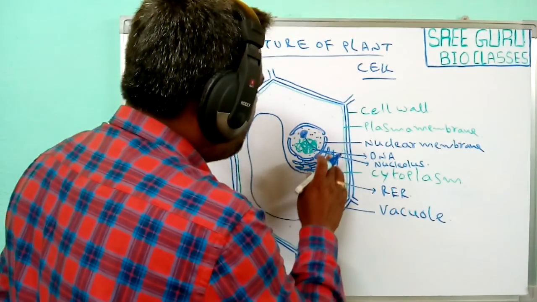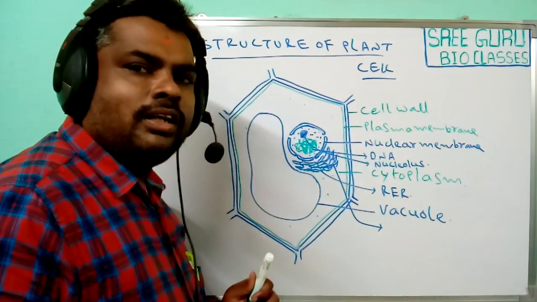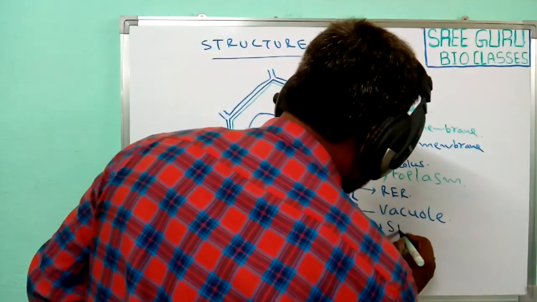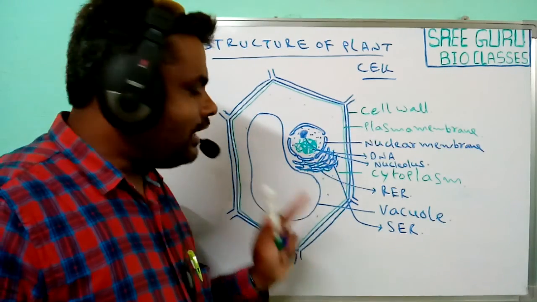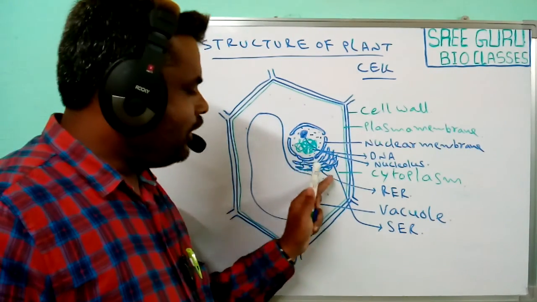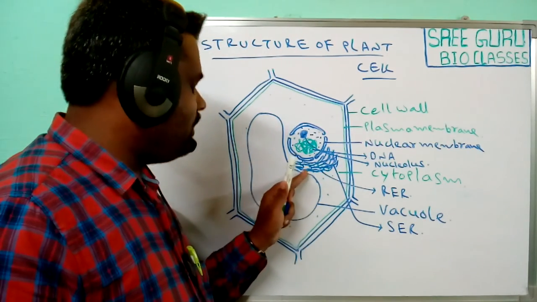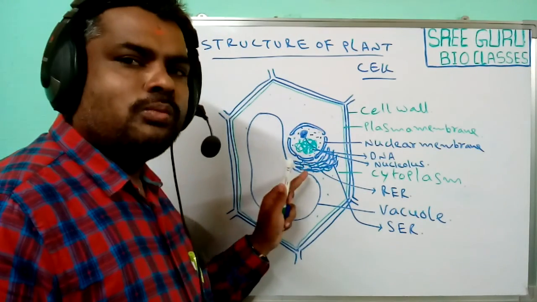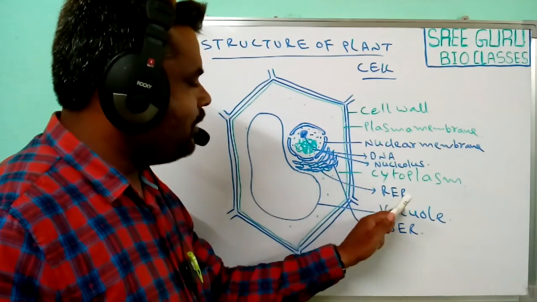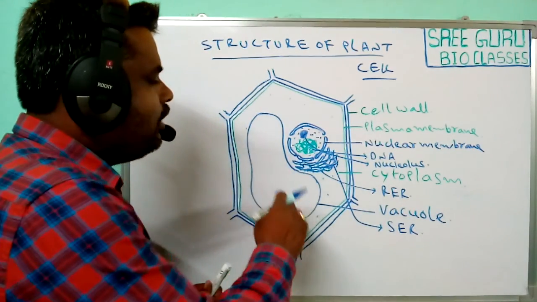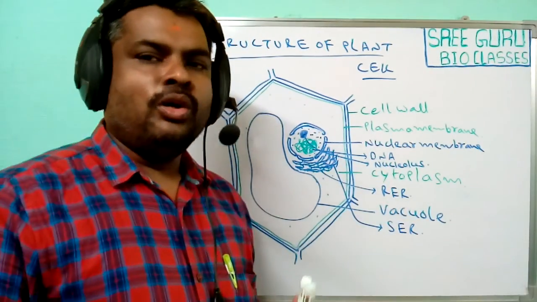Sometimes the ribosomes are not present on the endoplasmic reticulum, and that is known as SER, smooth endoplasmic reticulum. Smooth endoplasmic reticulum does not have ribosomes on its walls, while rough endoplasmic reticulum has ribosomes attached on its walls. In the plant cell, both rough and smooth endoplasmic reticulum are present.